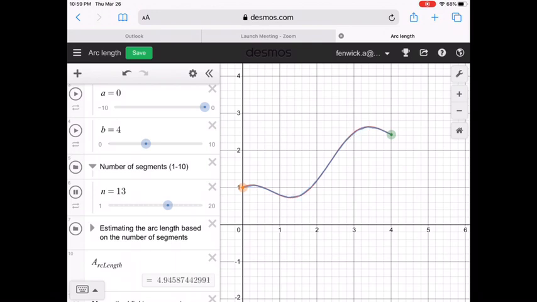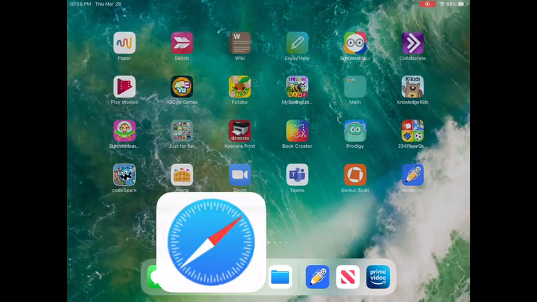You can imagine that we're going to get exactly the arc length of that smooth curve. It will no longer be just an approximation. So let's stop it here at 20 line segments, and you can hardly tell the difference between our approximation at this zoom level and the actual curve itself.